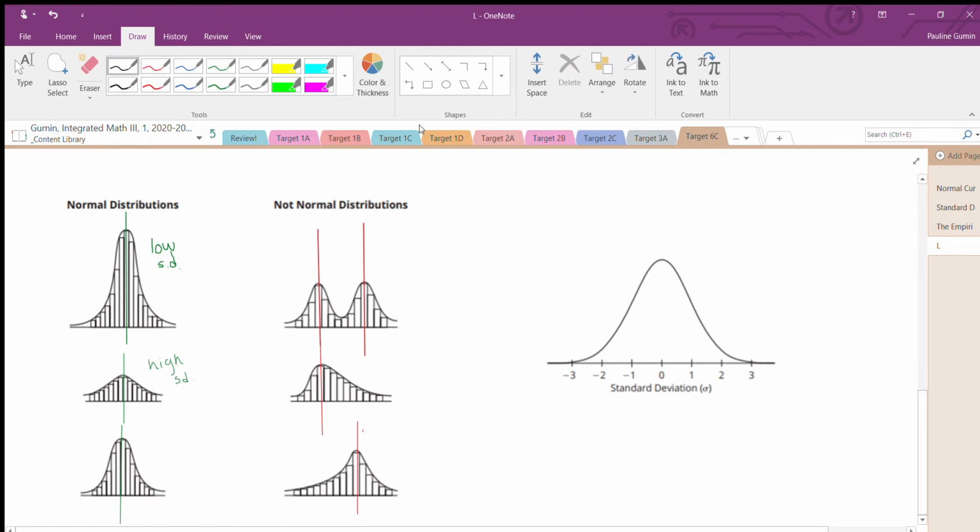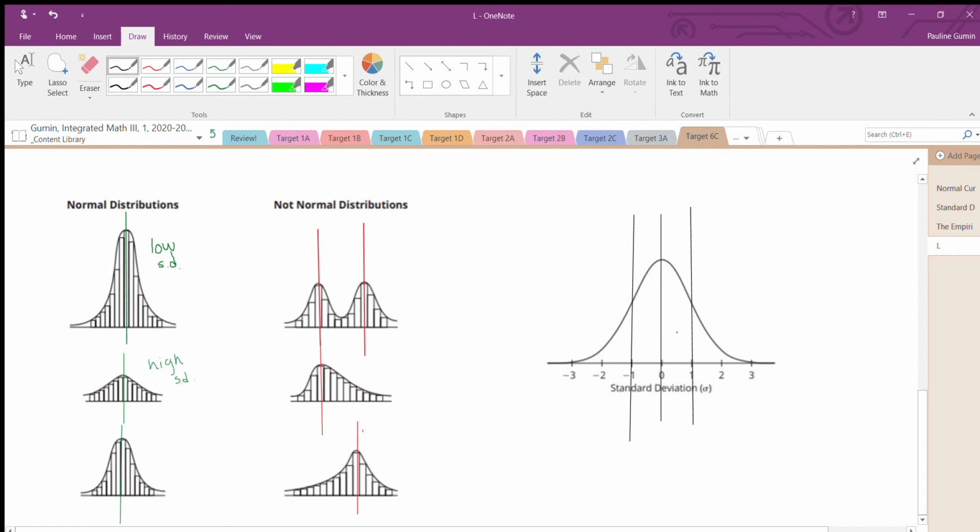It has the distance of 1 standard deviation from the middle. So here's the middle. And 1 standard deviation can happen to the right in the positive direction. So it could be higher. And this one is on the left, it's lower.